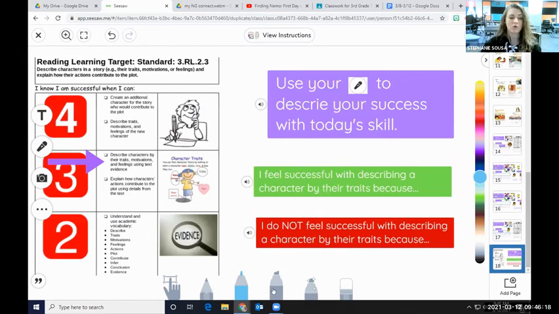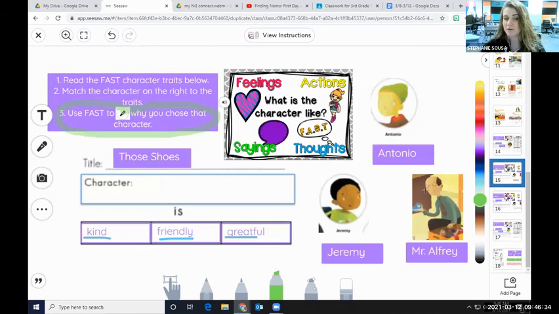Slide 18, grab that microphone again to describe your success with today's skill. Were you successful at describing a character, or were you not yet successful at describing a character? And let me know why. Okay, so again, recording. If you turn this in to me without a recording, I am going to send it back. Are we clear on that?